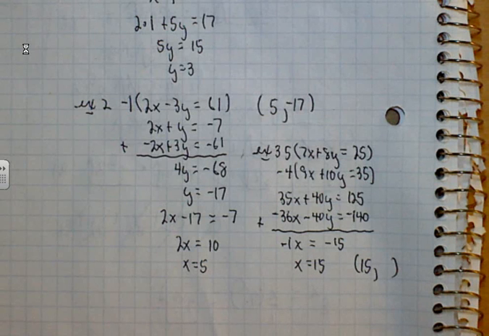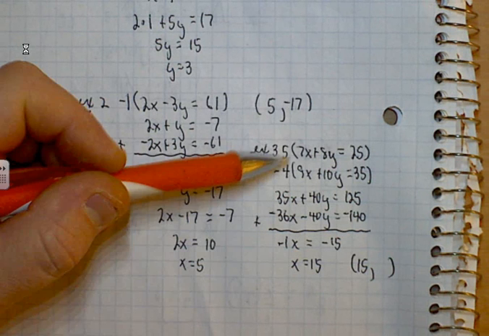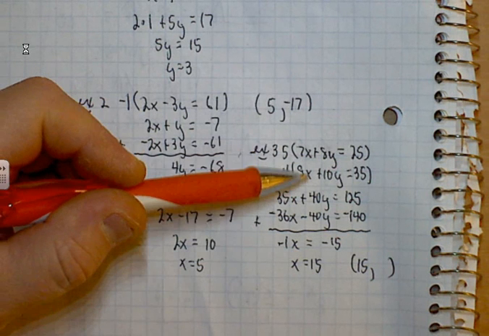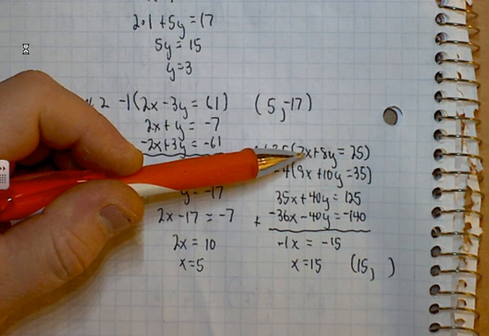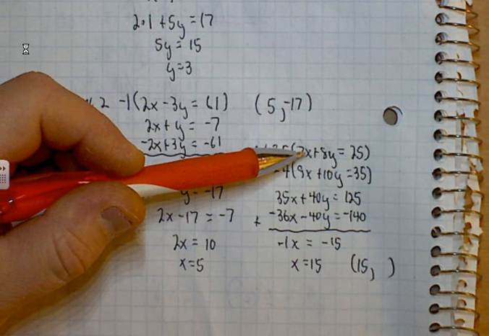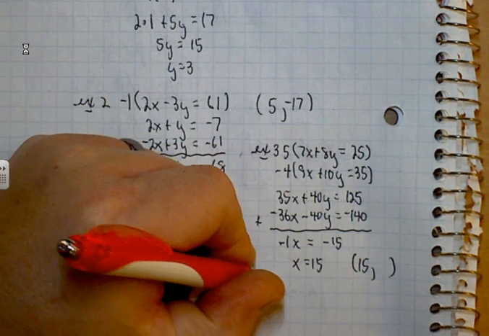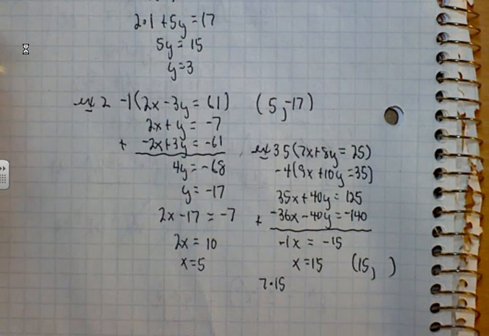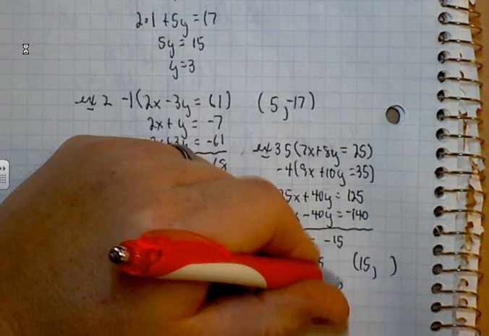Now we need the y. Doesn't matter which one you pick, first one or second one, your choice. First one. So what goes in for x? 15. 7 times 15 plus 8y equals 25.